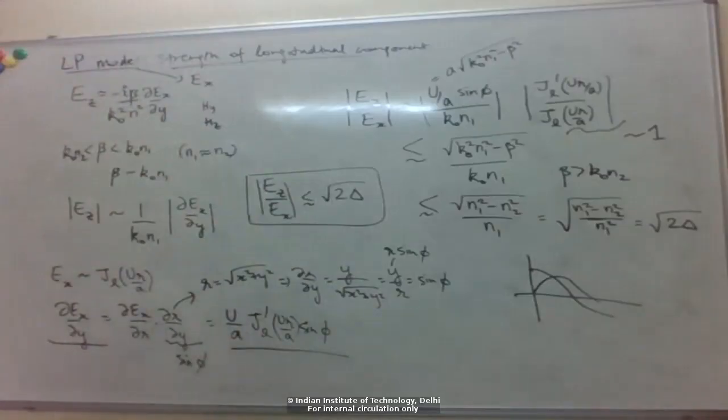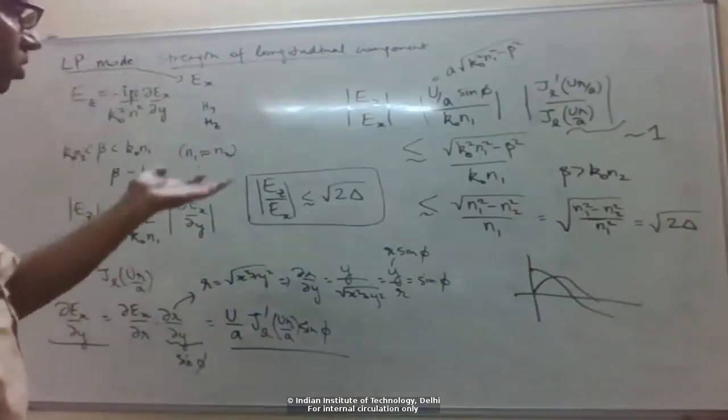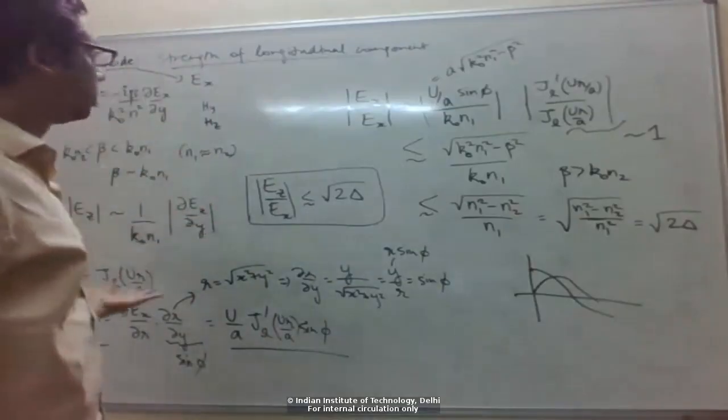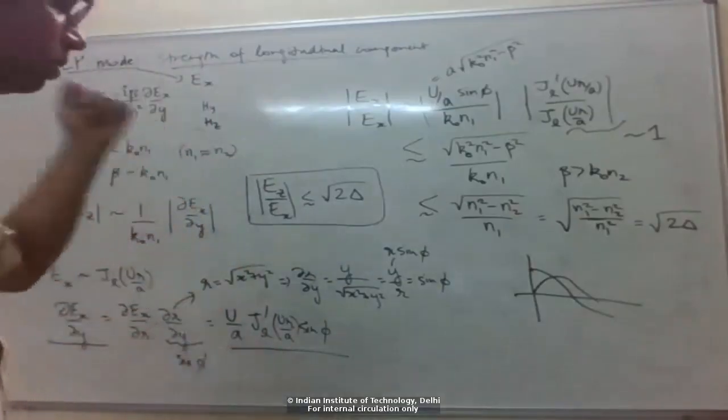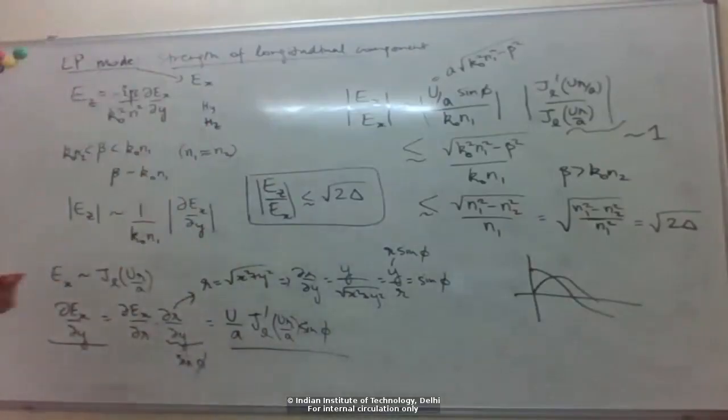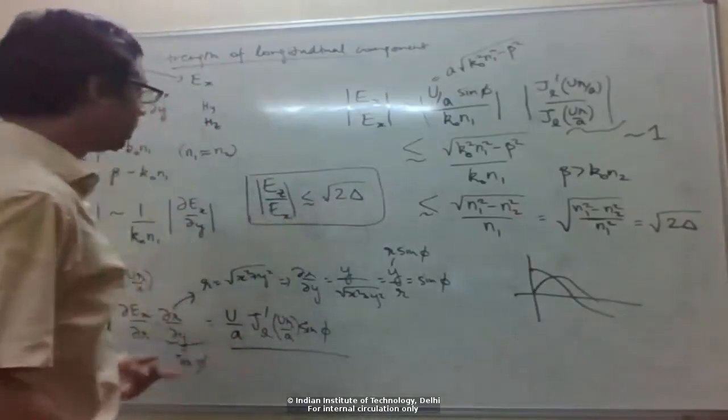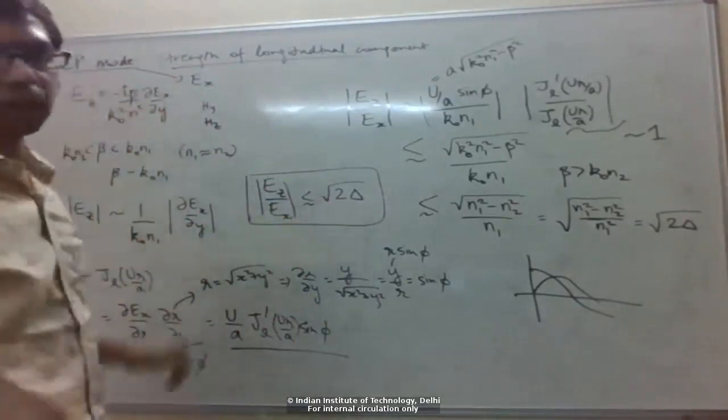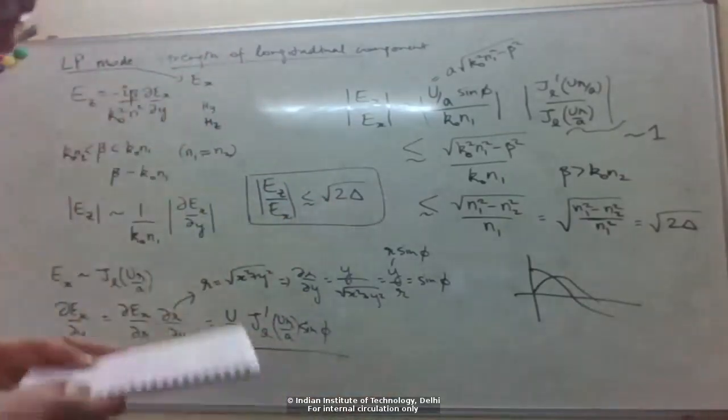We'll see in the next couple of classes that the LP modes are not the exact solutions, as we have discussed already. But when delta is much less than 1, they're quite accurate and sufficient for most purposes.